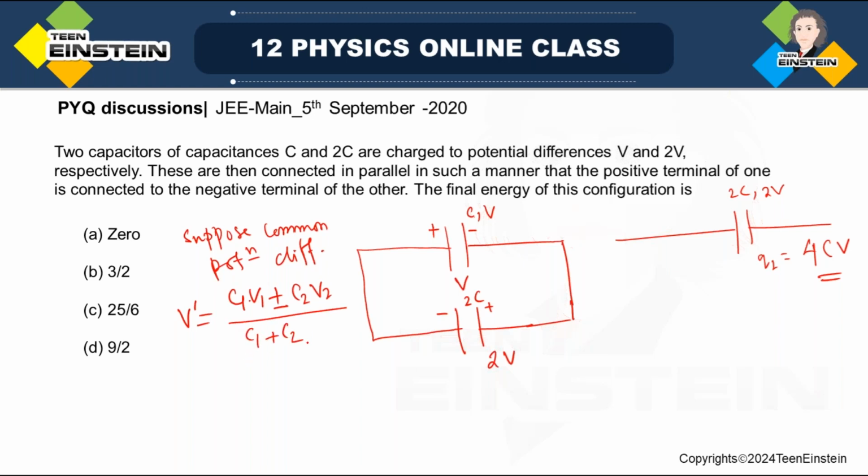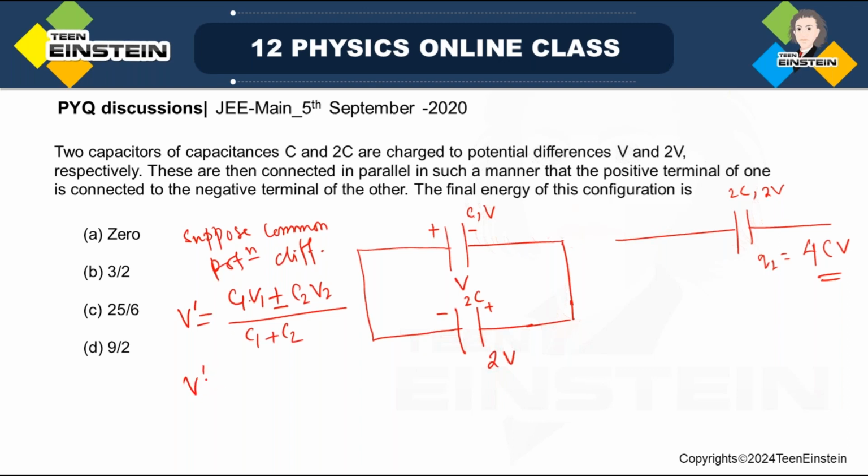Actually this is the formula. If their terminals are connected in the odd way, in the sense negative with positive and positive with negative, then we'll take minus here.